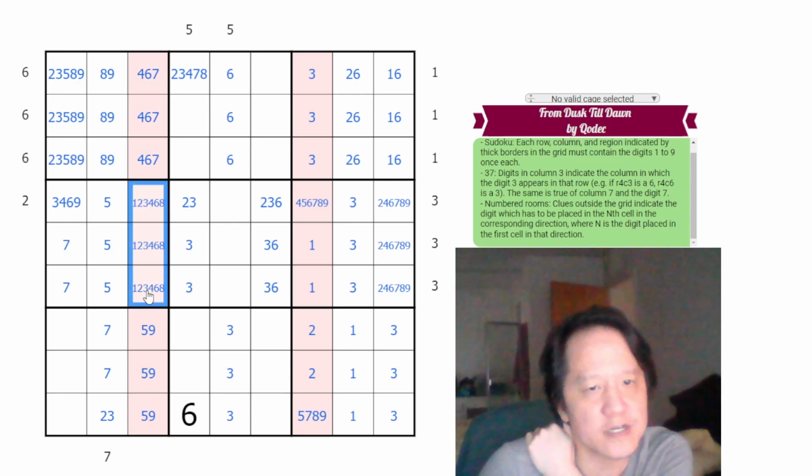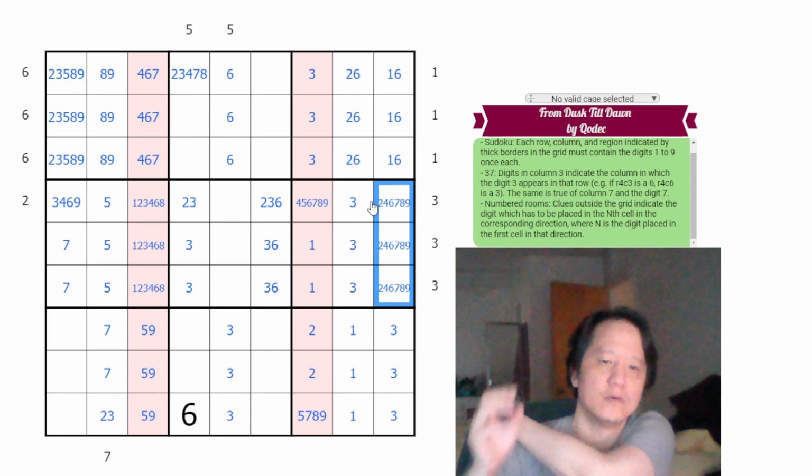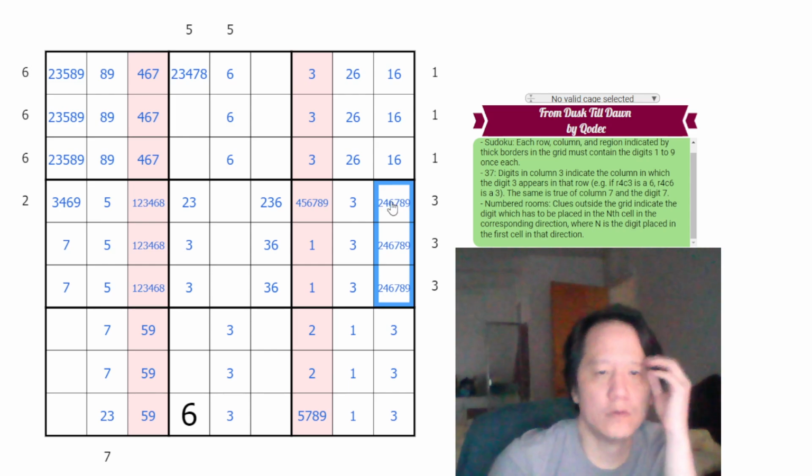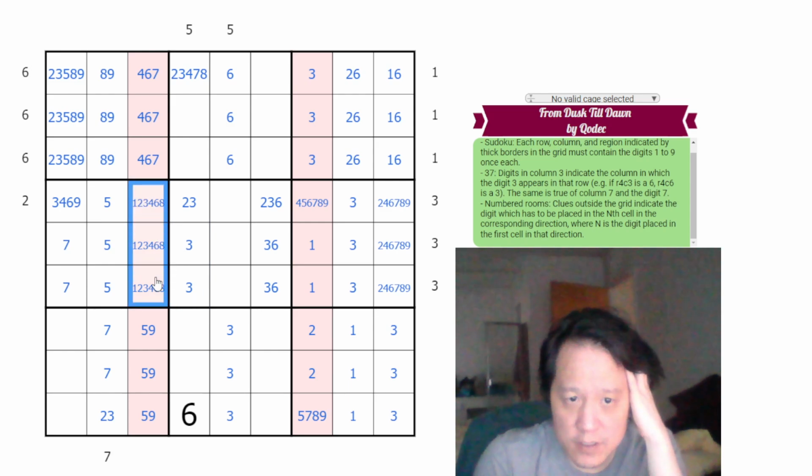If this is 6, that means this is 4. So the 3 would have to be here. If this is 6, no, this is 3. So this would be 4. So this would be 3. And this would be 4 and 7.